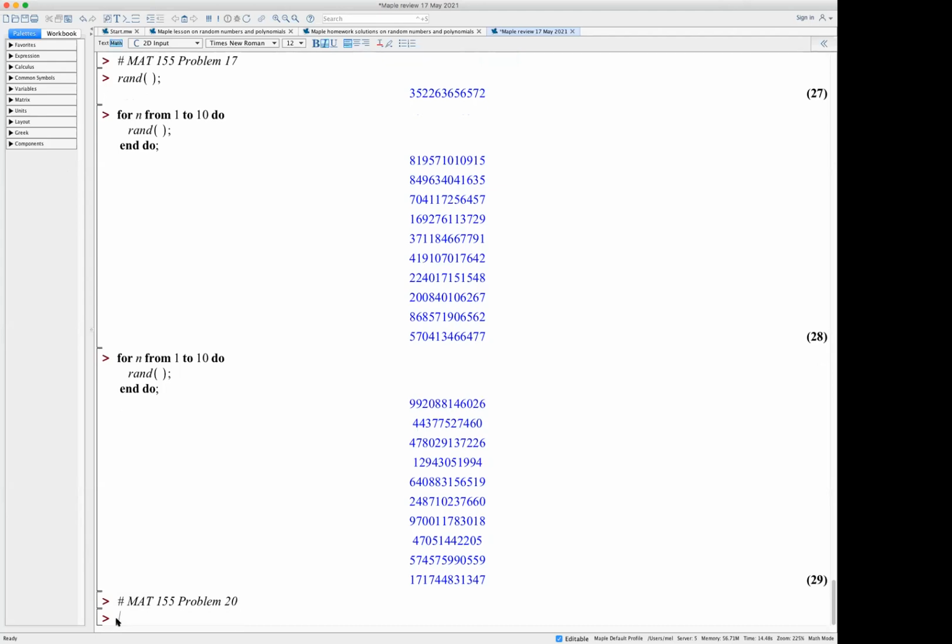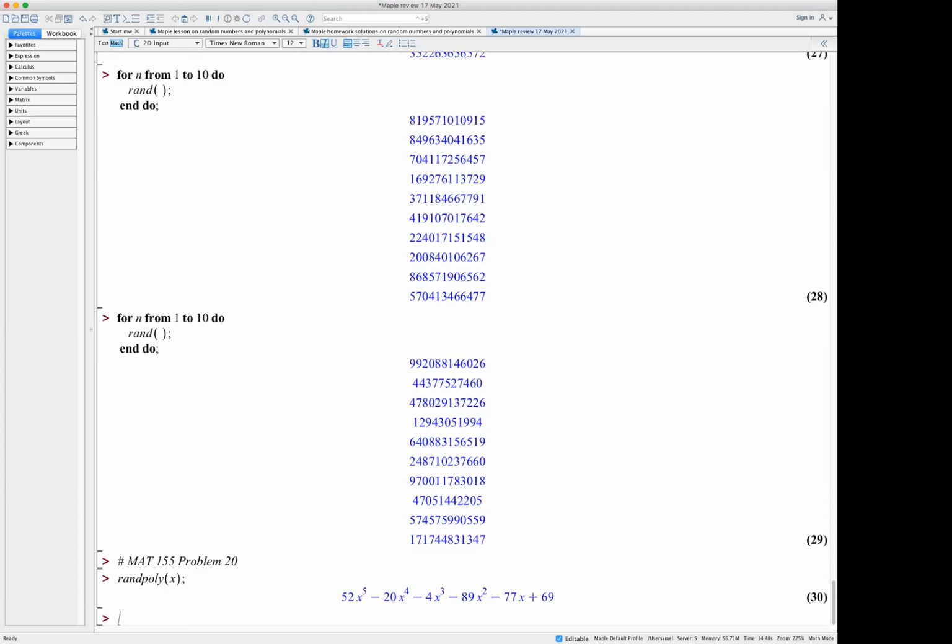And just the way there's a random number generator, there's a function called rand poly, which generates a random polynomial, degree 5 usually. You have to say what you want the variable to be, so let's call it x. So this function generates a random 5th degree polynomial. You can see if I do it again, I get a different polynomial.